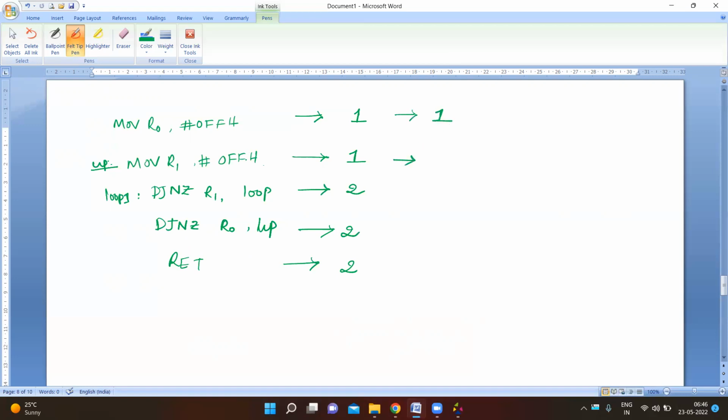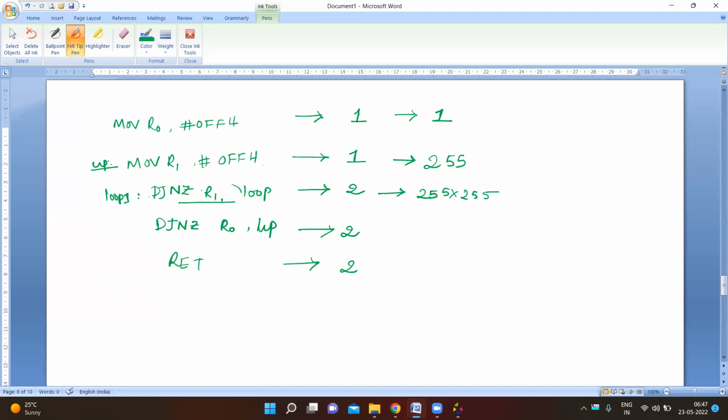See here, this particular instruction is inside the loop, so it is executed 255 times. Whereas this particular instruction is executed 255 multiplied by 255 times. Why? Because here R0 is loaded with 0FFH, and this instruction on R1 loops on itself continuously.